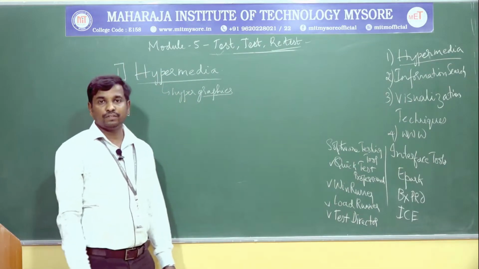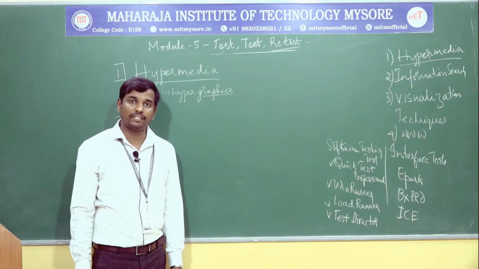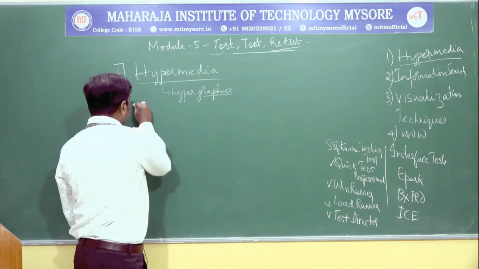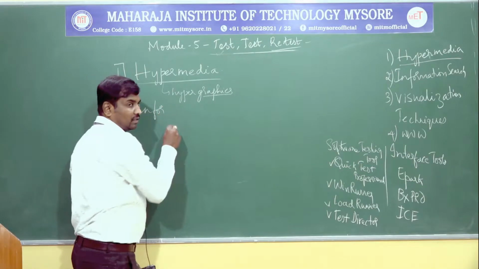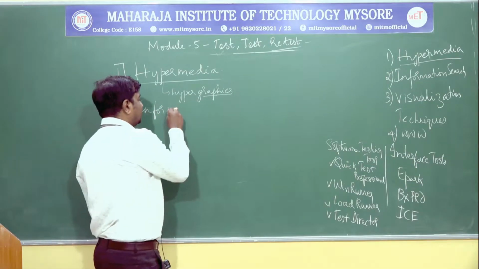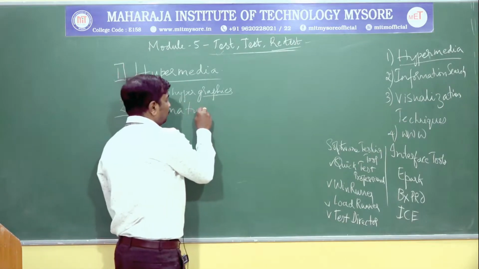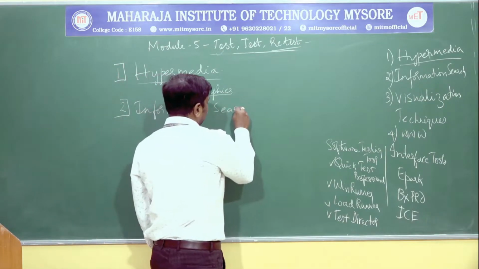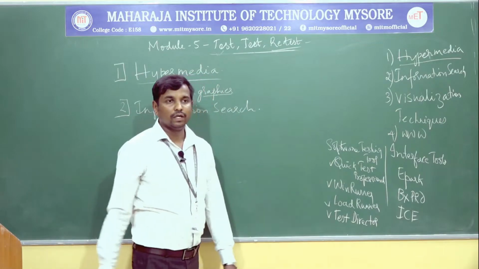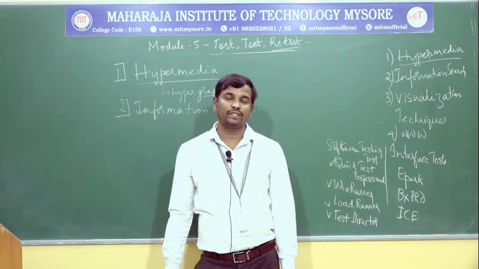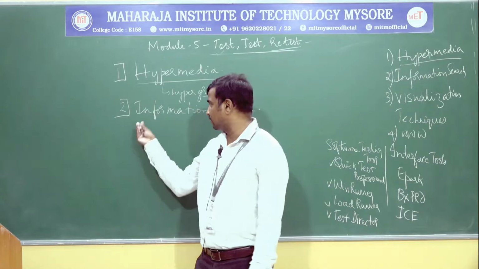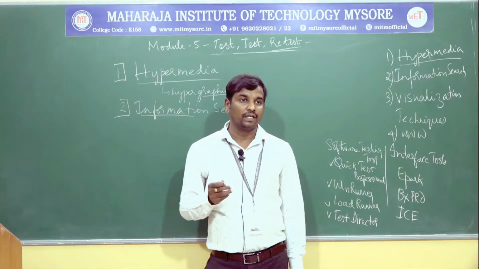The next concept we need to discuss is information searching. You know that there is so much information available on the internet. To search such information, we need to provide a particular tool, something like Google. Google is one of the software used for searching information.